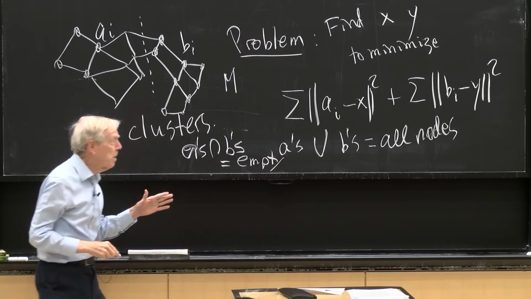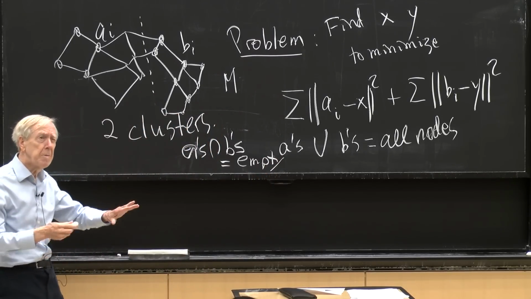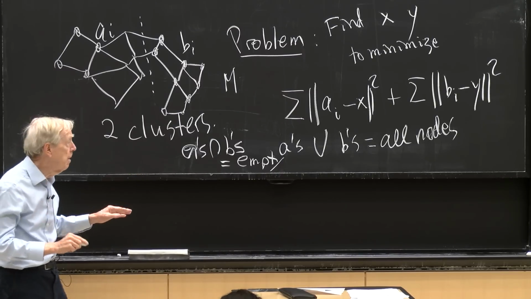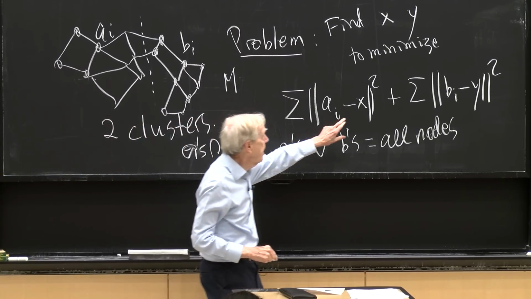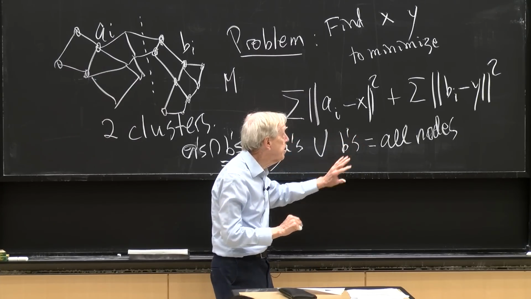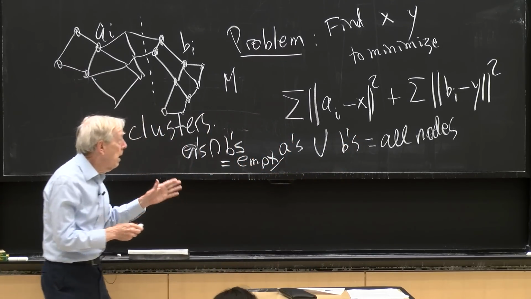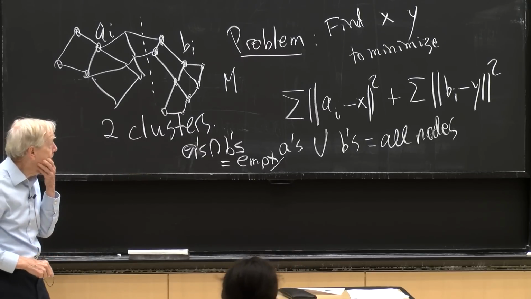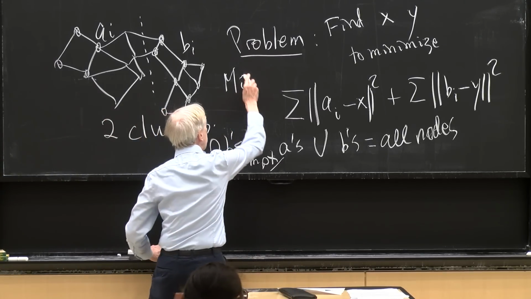Just what you expect. I'm dividing the a's and the b's into two groups, and I'm picking an x and a y sort of at the center of those groups, so that this is a minimum.